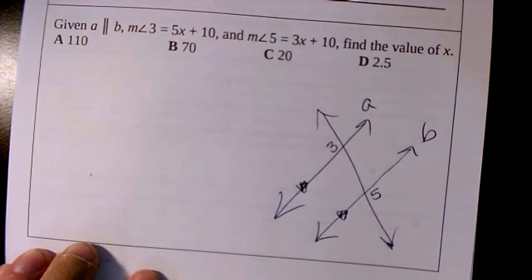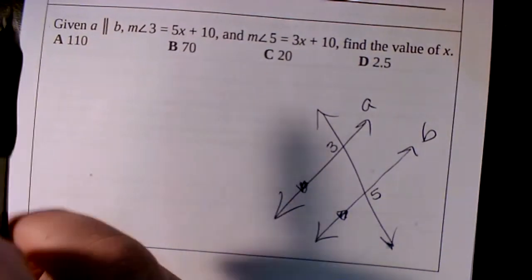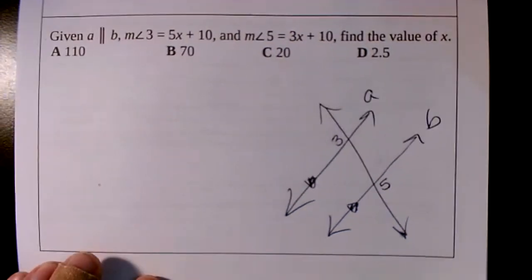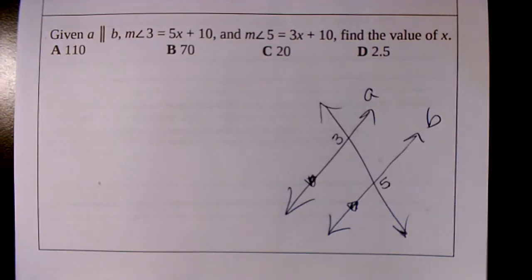I look at the fact that A and B are parallel, as it says right there, and I have 3 and 5. What I said a couple minutes ago is that when you're dealing with parallel lines, 99% of the time the angles are either going to be equal to each other or they add up to 180 degrees.